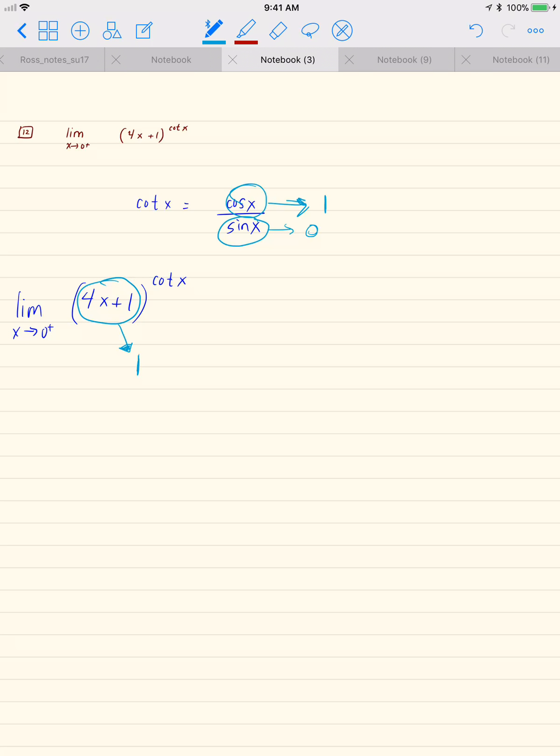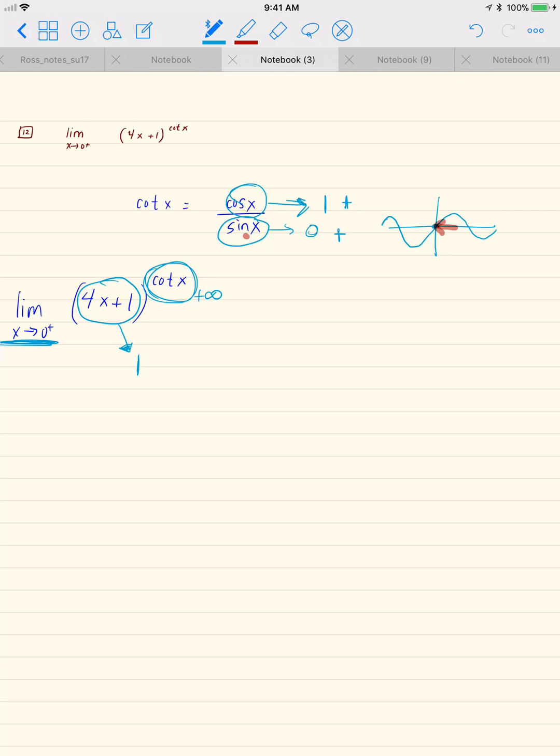So this is a quick sketch. If x is approaching 0 from the right, then sine of x is approaching 0 from the right, but sine of x is positive, right? So we'll have positive divided by a positive. So this will be approaching plus infinity, okay?